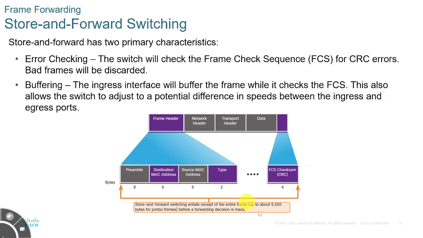And if the switch finds too many errors or some bad frames, these frames will be discarded by the switch. The second thing: imagine we are receiving the entire frames.